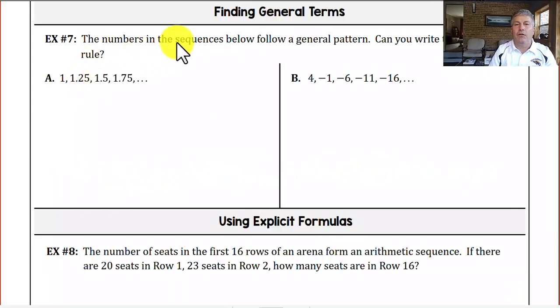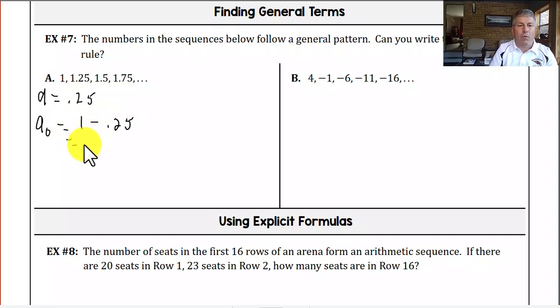Example 7 is more of really what we've been doing. The numbers in the sequences follow a general pattern. Can you write the general rule? So we have 1, 1.25, 1.5. It looks like our d here is 1/4 or 0.25. Our a sub 0 is 1 minus 0.25, or 0.75.